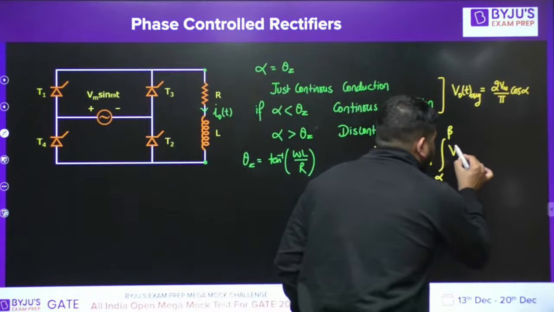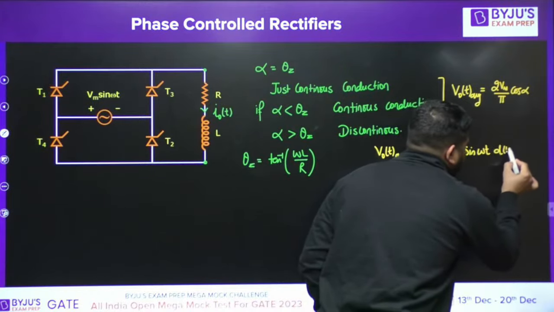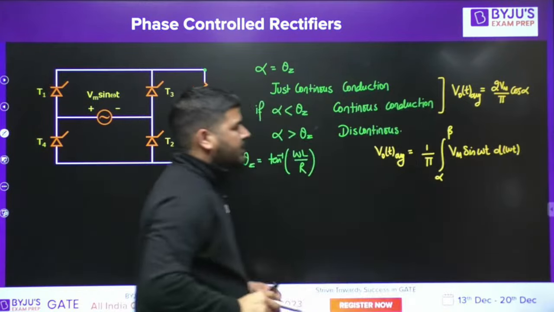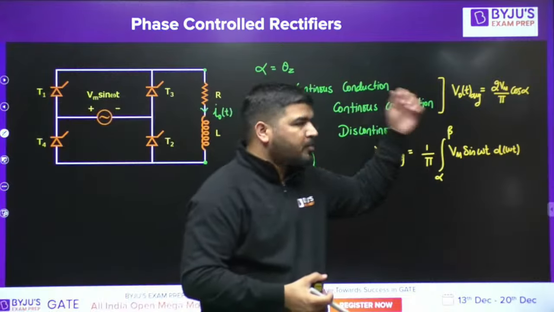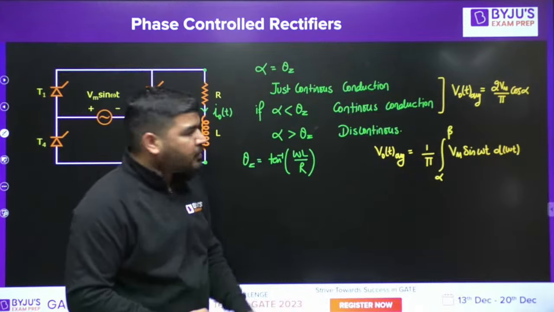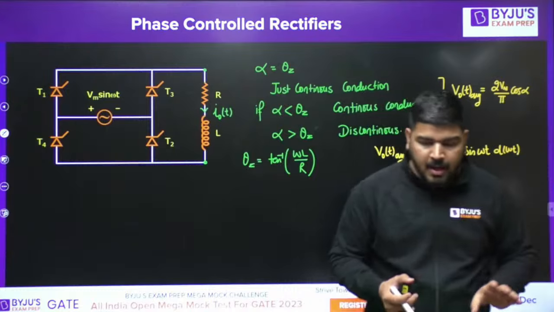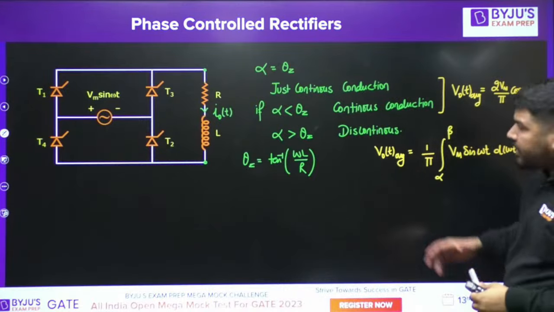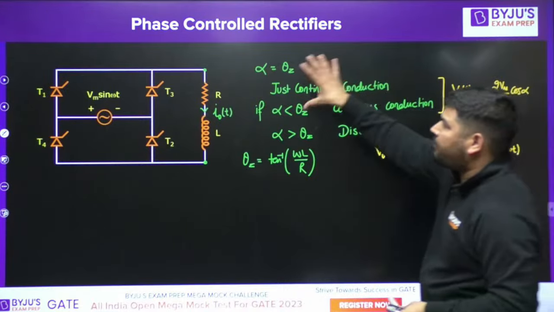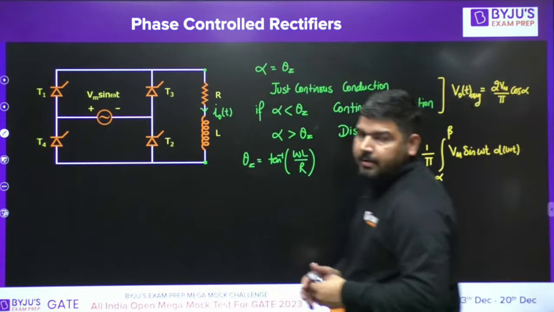Alpha to beta Vm sine omega t d omega t. Just calculate this. This will be the average output voltage, and this is the condition for boundary. So this is for RL load. In RL load, we know everything about continuous and discontinuous conduction, and for what firing angle alpha the conduction will be continuous and for what it will be discontinuous.